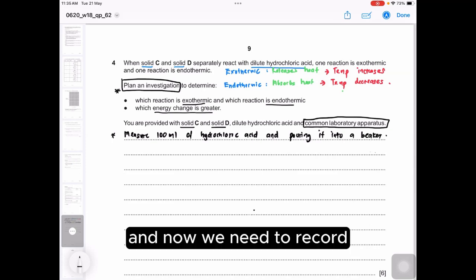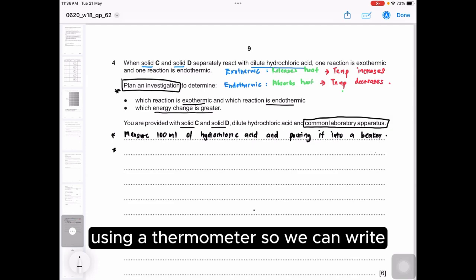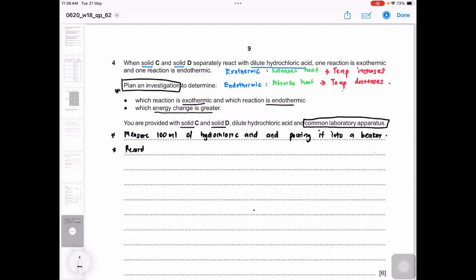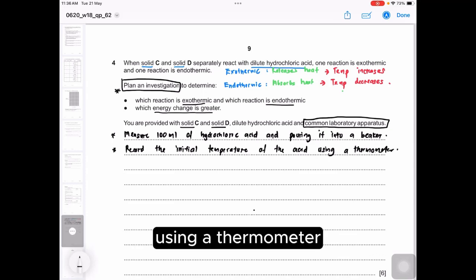And now we need to record the initial temperature of the liquid using a thermometer. So we can write, record the initial temperature of the acid using a thermometer.